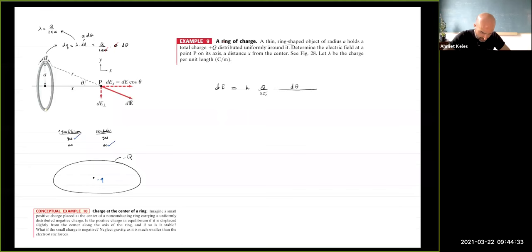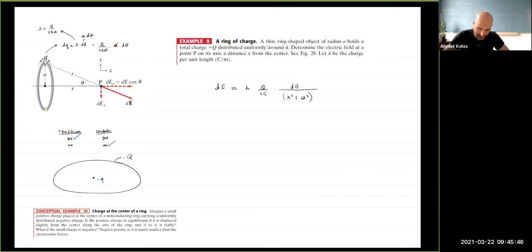In this case, r squared is this r squared, and I can calculate it from the square of this plus the square of this: x squared plus a squared. And that's it, okay? Integrate from 0 to 2 pi. I think q is given, right? Here it says plus q in the problem.